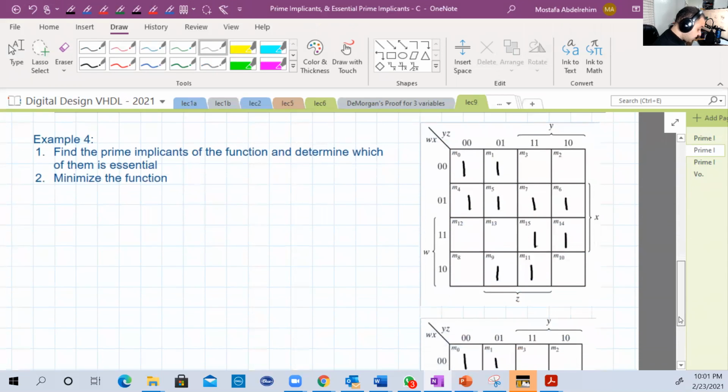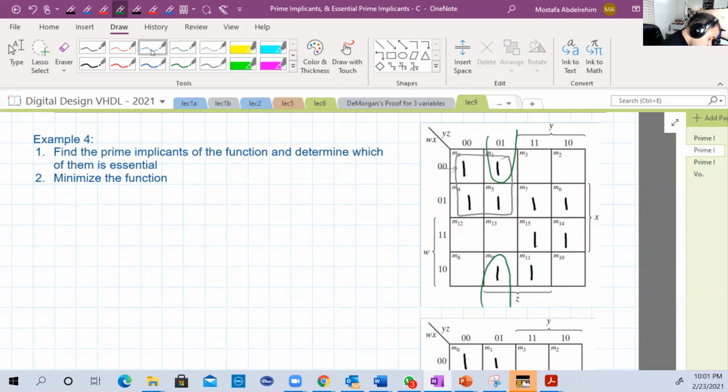Okay, let's have another example. So as usual, we start with this guy here. It has only one group, this group here. It doesn't belong to any other group. Then this one here, it belongs to the gray and this one.